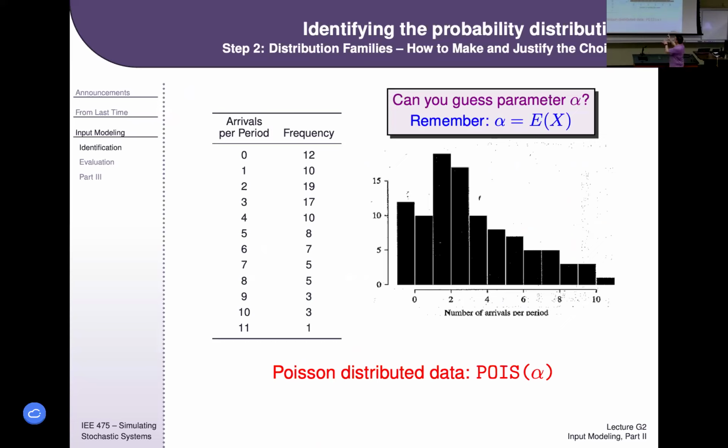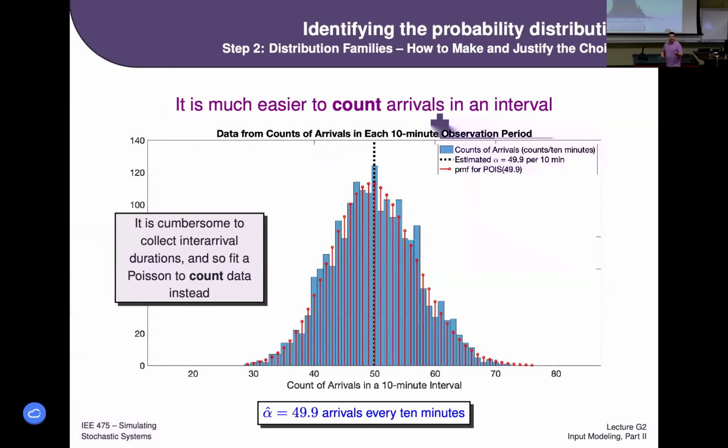Now, speaking of the Poisson, the Poisson distribution that was up there before takes one parameter, alpha. Sometimes when you need an exponential arrival in your model, you want to go out and take data on inter-arrival times, continuous data, but that's really tedious to do.